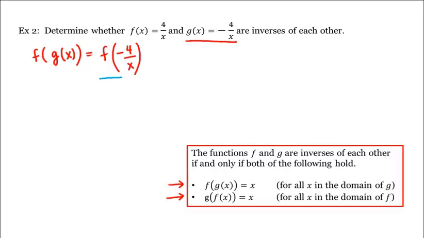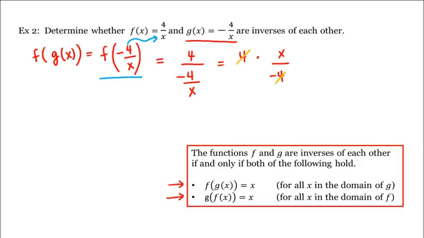And then f of any input, we put that input in wherever we see an x. That is, this is equal to 4 divided by negative 4 divided by x, which is 4 times x divided by negative 4. And then the 4's will cancel.